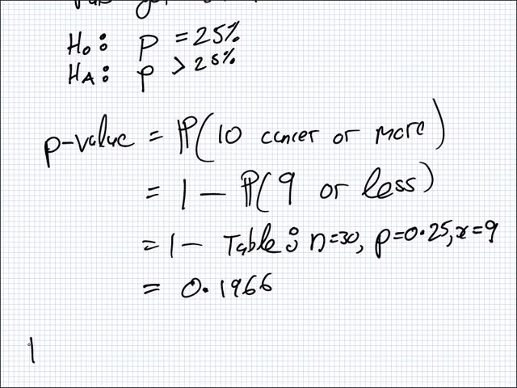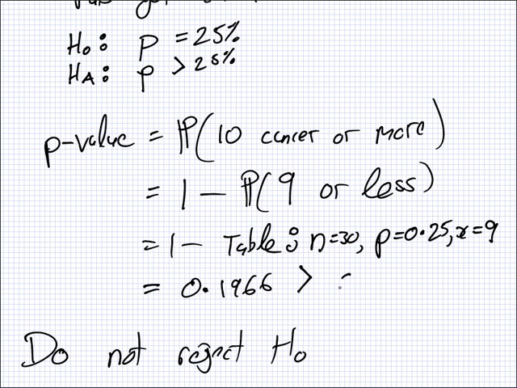Okay, I'm getting very concerned now. Do not reject the null hypothesis. Do not reject it, because this is greater than 0.05, the 5%. So we do not reject the null hypothesis at the 5% level.